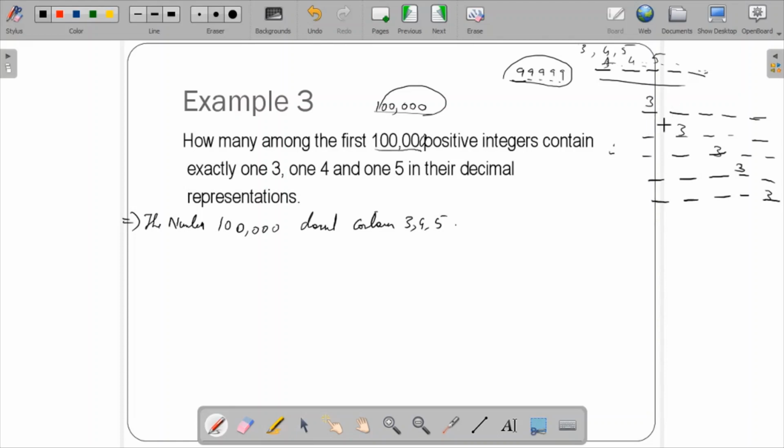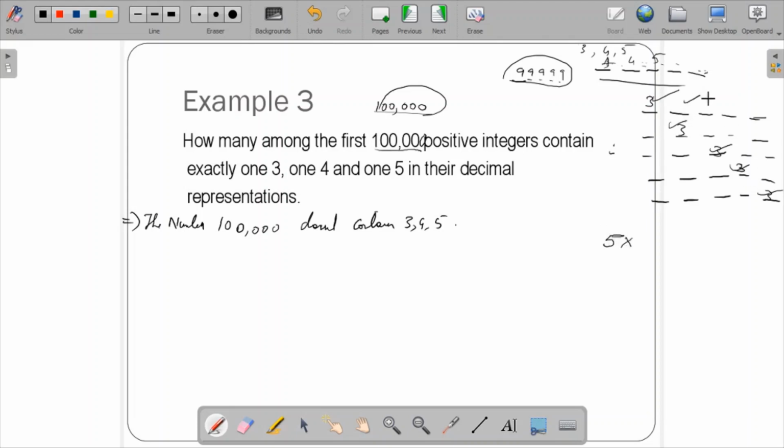So for 3, how many ways are there to arrange? There are 5. How many among the first 100 contain exactly one 3? If I take the first number as 3, then 3 can be arranged in 5 ways. So 3 can be arranged in 5 ways, and the remaining places are what is left.